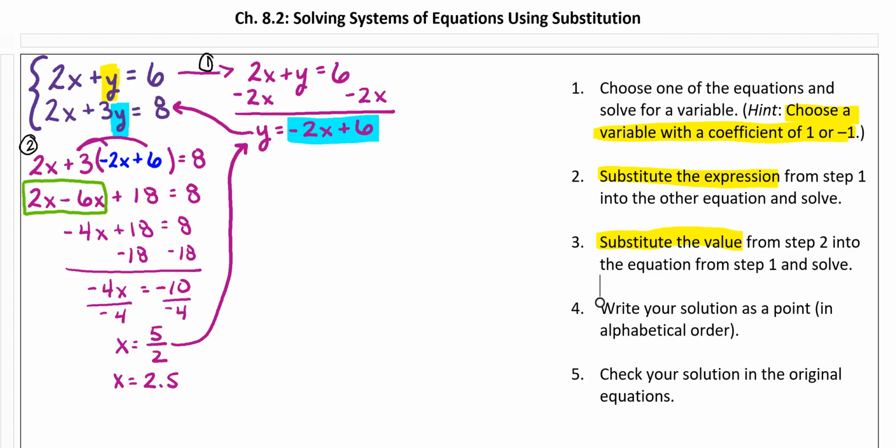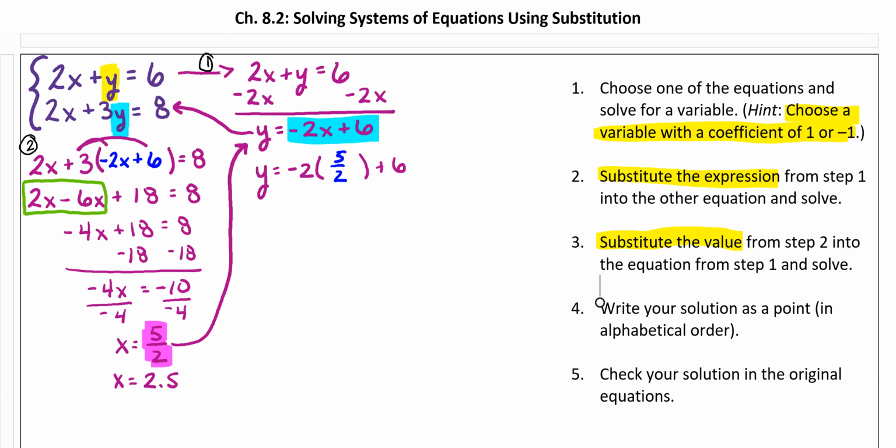You could substitute up here in the original equations, but if this is already solved for y, why wouldn't we just plug in? So we're going to have y equals negative 2, again plugging in a value for x, and this time our value is going to be 5/2. So right in here, we're going to plug in 5/2.